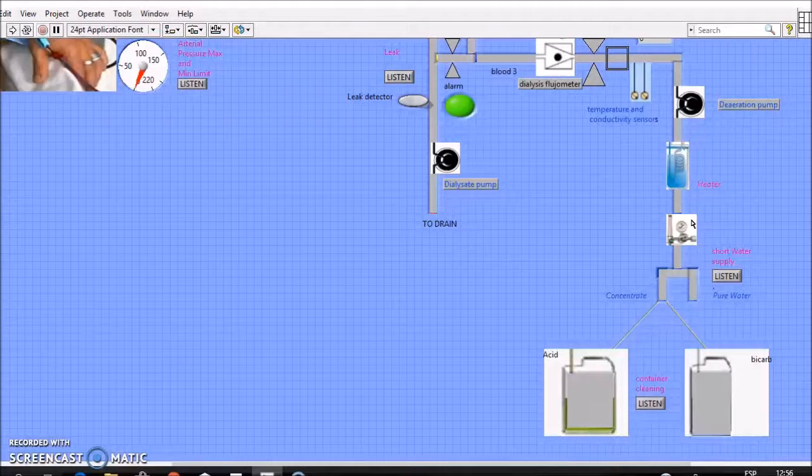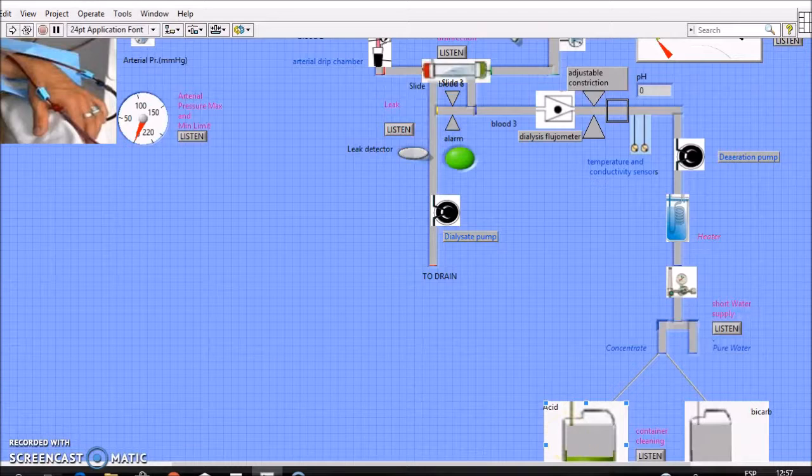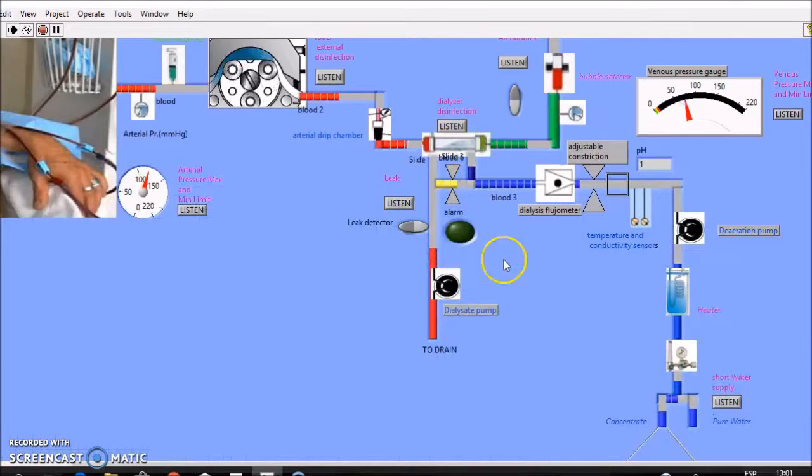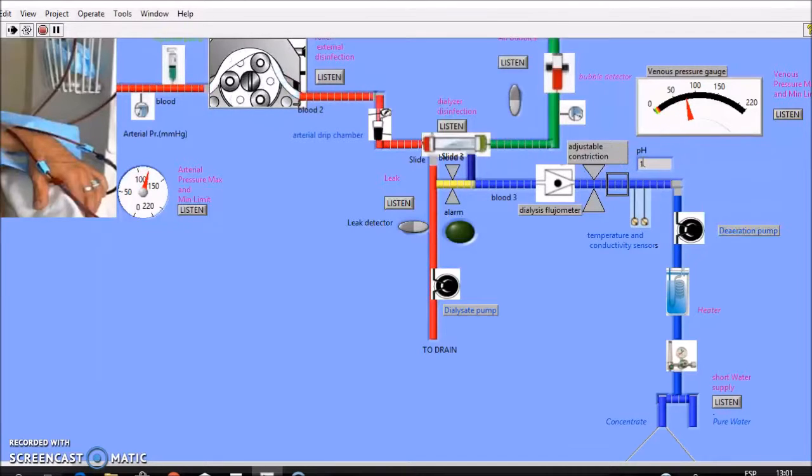Dialysate acts to remove metabolic waste from the blood and also acts as a source of ions to maintain the blood's proper electrolytic and pH level, like you see in this marker. In this controller we visualize the pH levels.